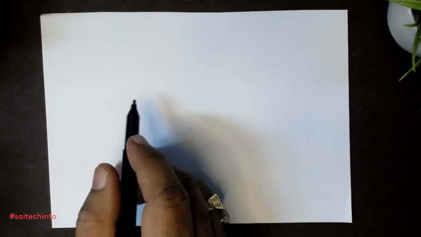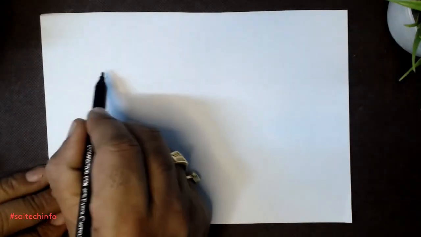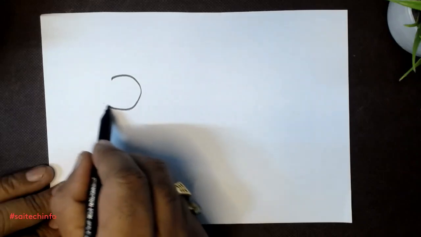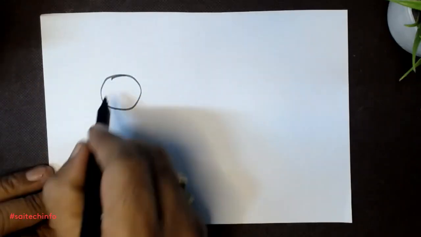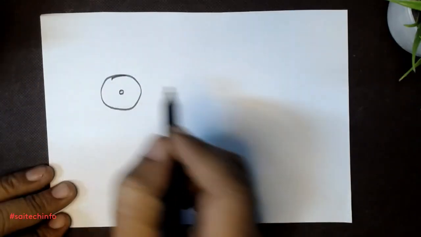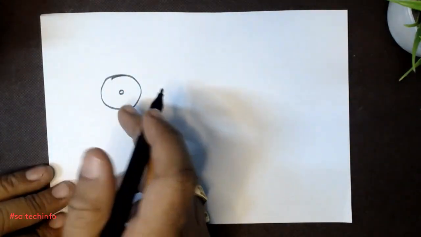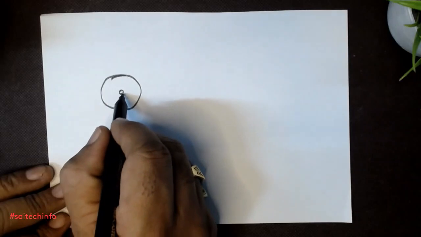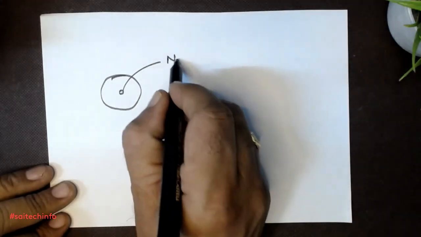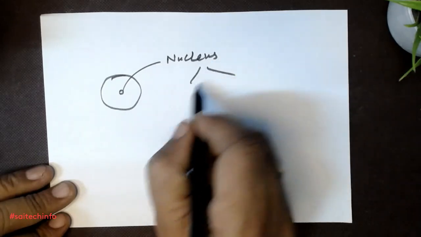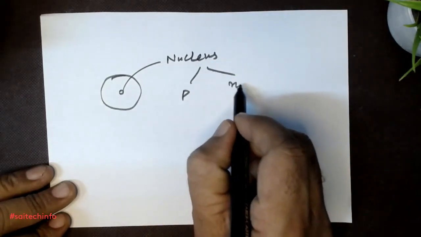So when we talk about the atom, first of all, we should know that the central part of the atom is the nucleus. That we know. That will be very small actually. Very, very small. And the space occupied by the electrons will be much more than that of the nucleus. So let me say here you have the nucleus. Inside the nucleus you have proton, neutron.